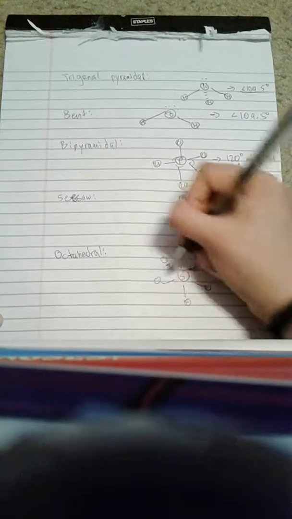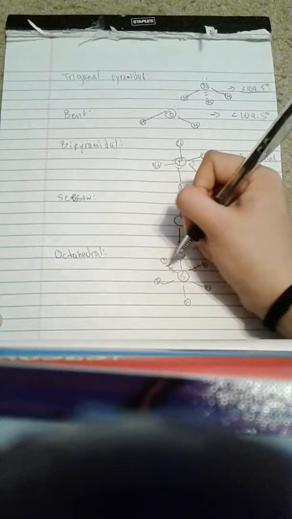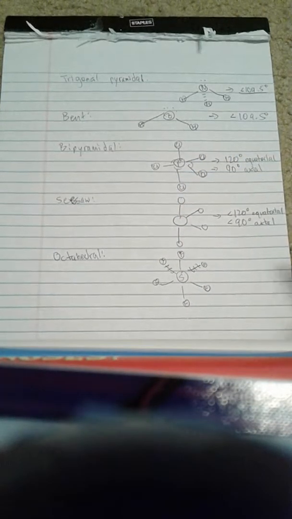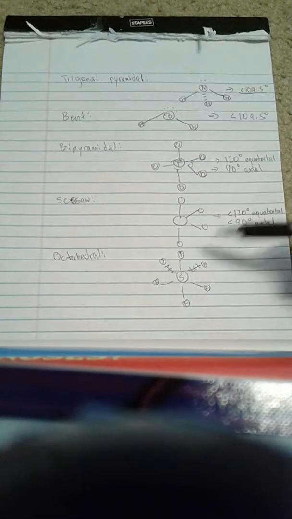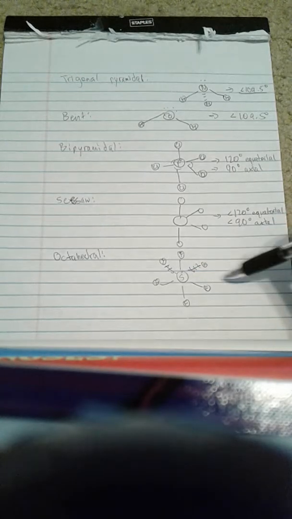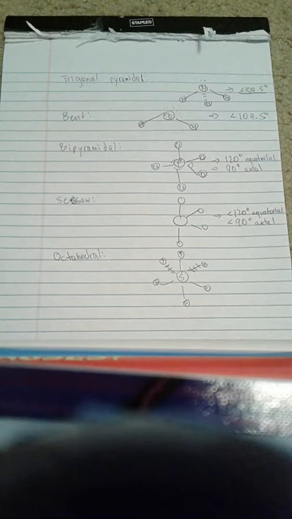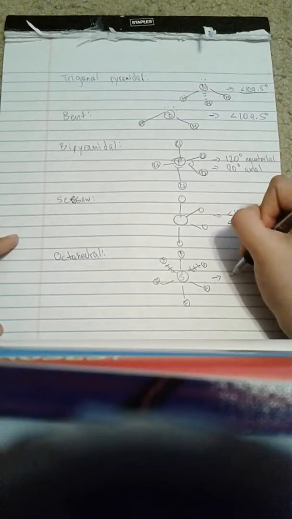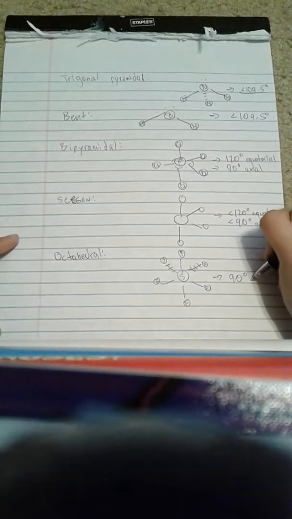So if we have our 6 fluorine atoms, now we would have different angles for the equatorial and the axial, but notice how all of these fluorine atoms are in a square. And since we know that 360 over 4 is 90, it turns out that in fact every single angle is going to be 90 degrees.